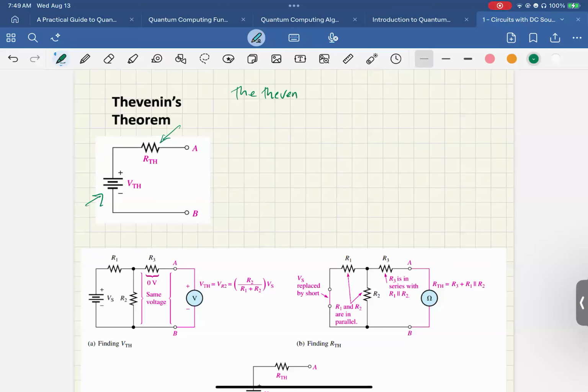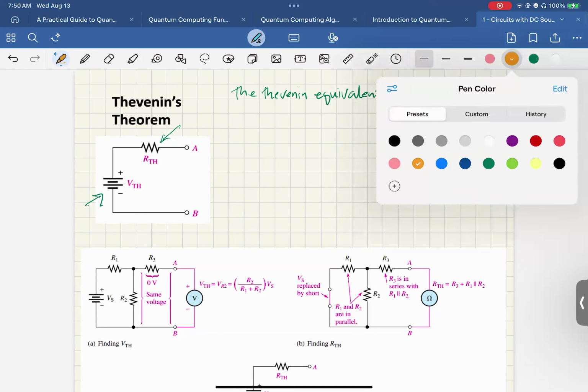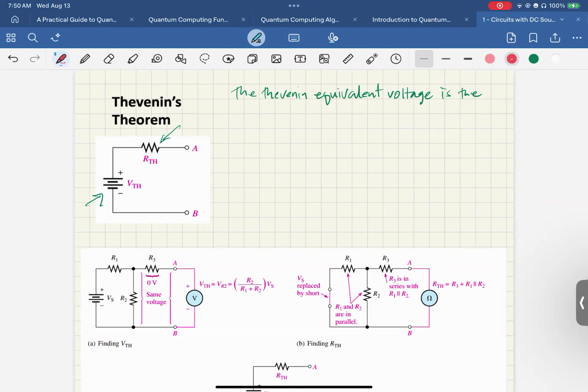So the Thevenin equivalent voltage is V. Okay, for emphasis, palitan natin ng kulay. Ibang maganda pang emphasize. Yan.